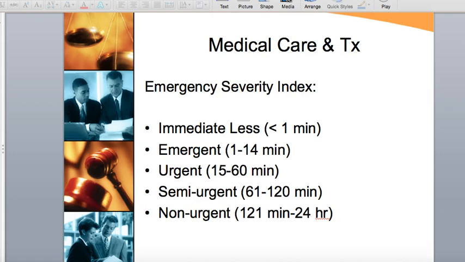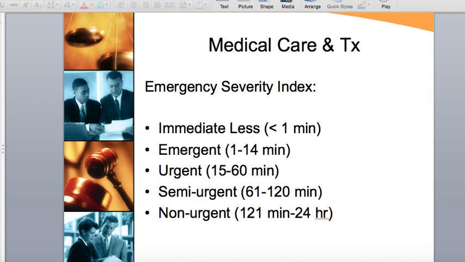Oftentimes, in order for an Emergency Severity Index scale to be applied, someone would have to make some kind of visit to an emergency room, and at that time they are categorized and decided when they need to be seen. As you may know, either from personal experiences or what you may have heard through family members or friends, these types of Emergency Severity Index scales are not always perfect.